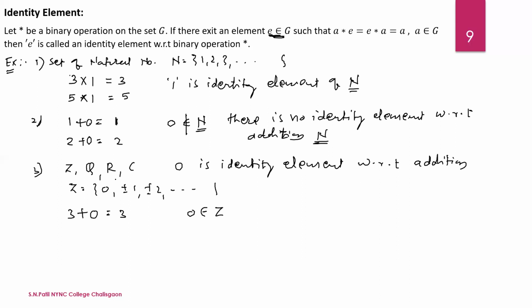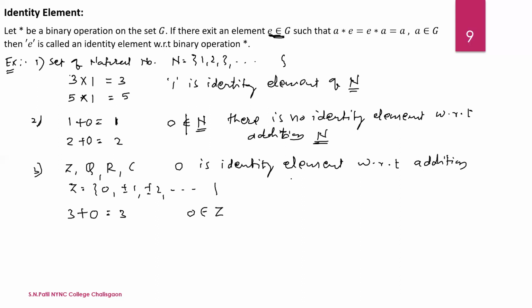Now 1, as we already discussed, is also a multiplicative identity for the set of natural numbers, integers, rationals, reals, and complex numbers. If the operation is addition, the identity element is called the additive identity.